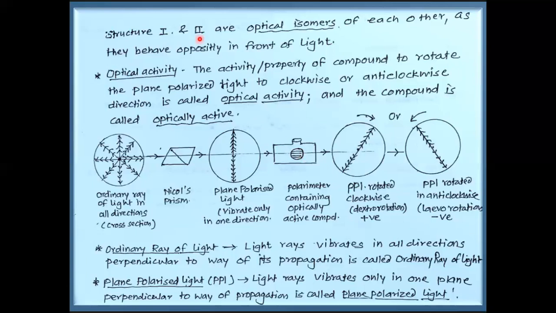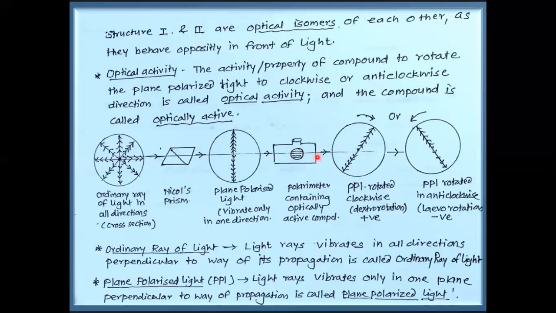One is the object and another is its mirror image, and both are non-superimposable to each other. So either the first structure or the second structure, any one of them, is placed in this polarimeter.